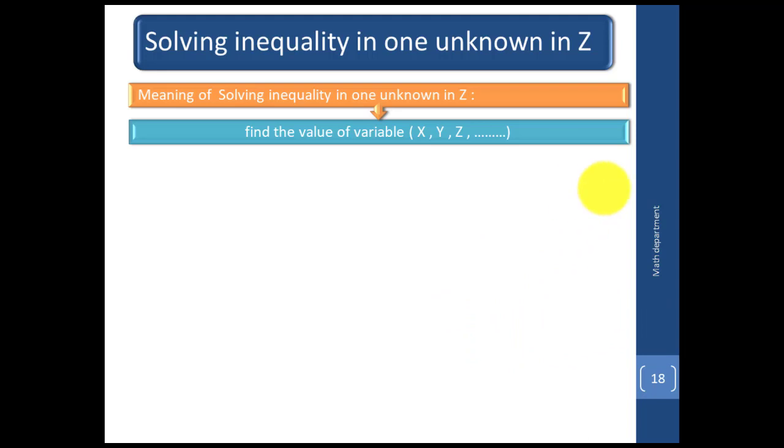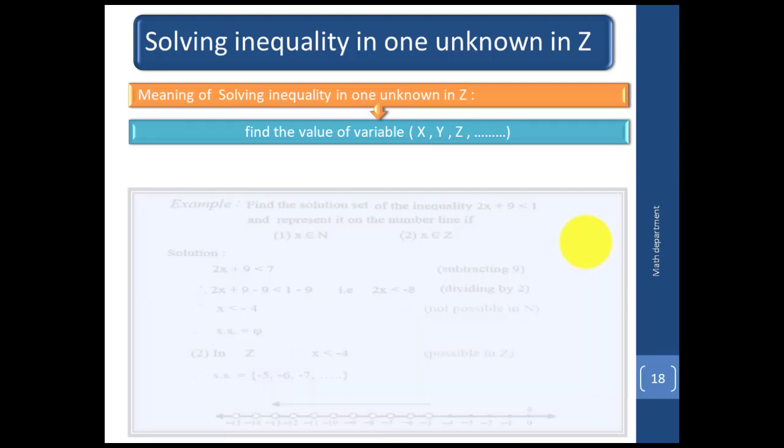But at first, what is the difference between equation and inequality? In an equation, we must use equal, but in an inequality, we use more than or more than or equal, less than or less than or equal, as the relation between the two sides.